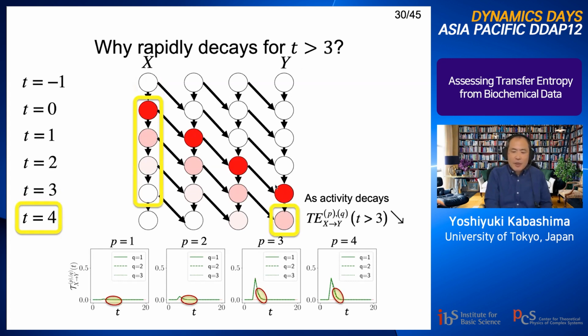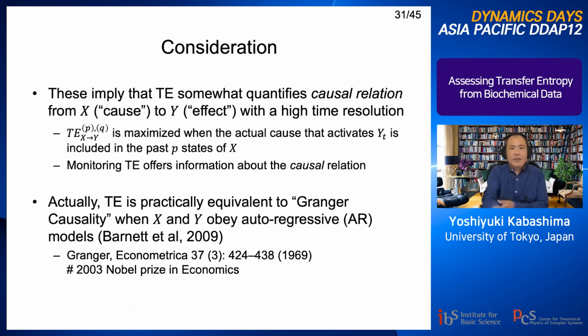This is because this activation decays first, right? So these results imply that transfer entropy somewhat quantifies the causal relation from X to Y with a high time resolution. Transfer entropy from X to Y is maximized when the actual cause that activates Y_t is included in the past P states of X. So monitoring transfer entropy offers information about the causal relation.